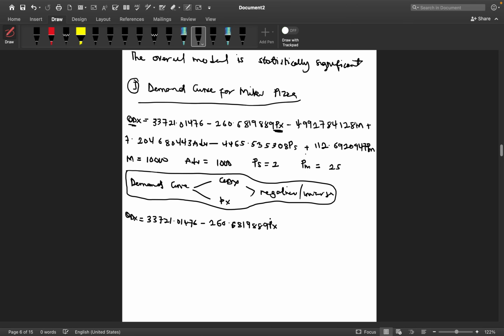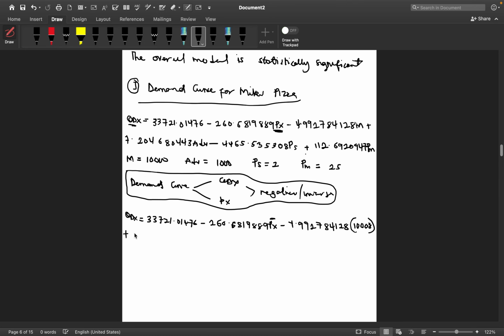Remember that we are finding the demand curve, so we are maintaining the Px. Minus 4.992784 M, and M was given as 10,000.